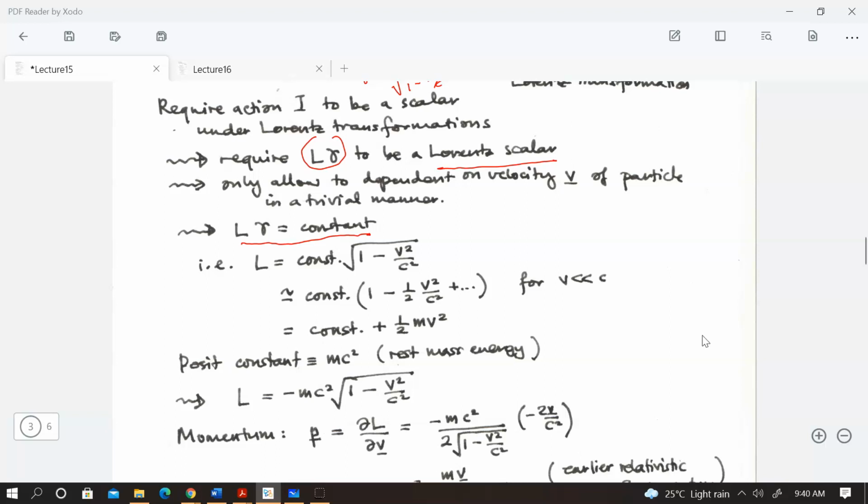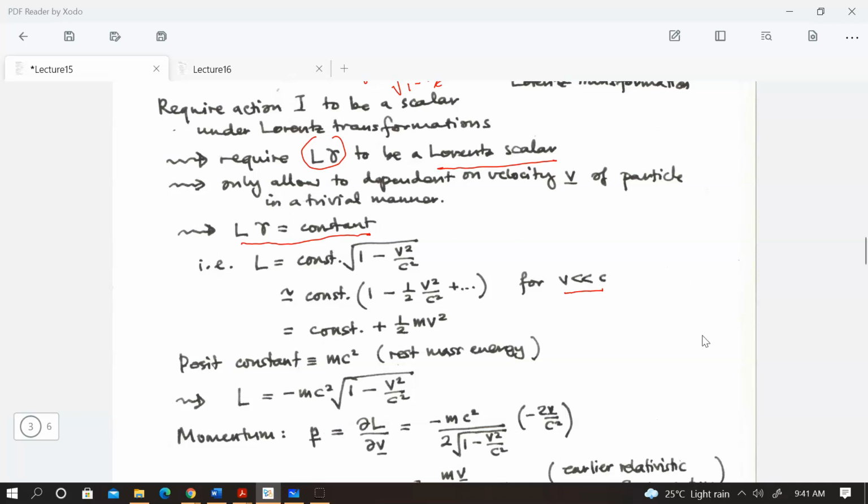Multiplied by your factor of 1 over gamma, which now becomes square root of 1 minus v squared over c squared. And if you remember that this is the full relativistic expression, you can expand this as a Taylor series, provided that v is much smaller than c. So you get 1 minus half v squared over c squared over here.